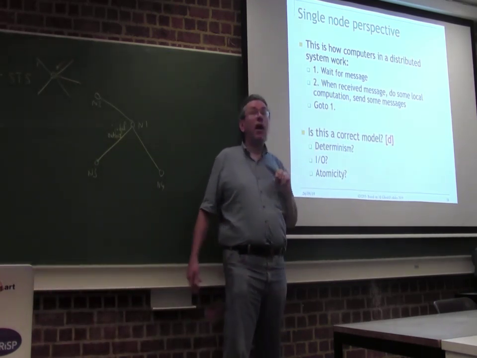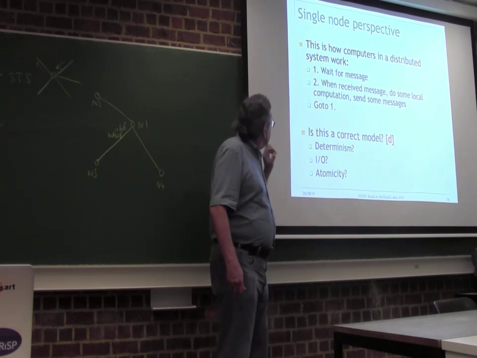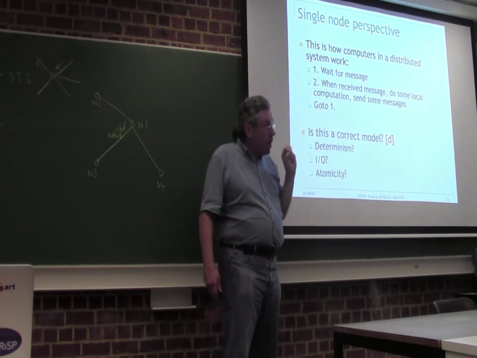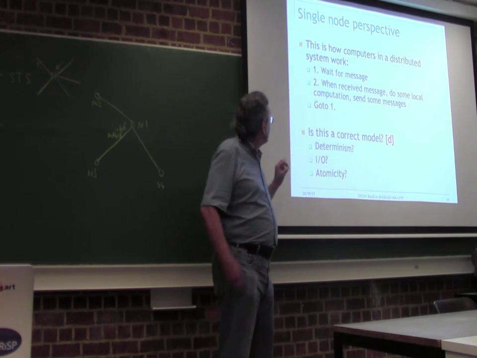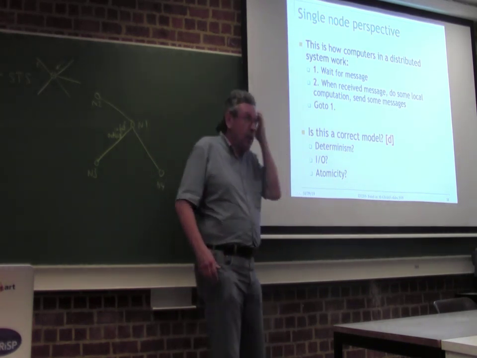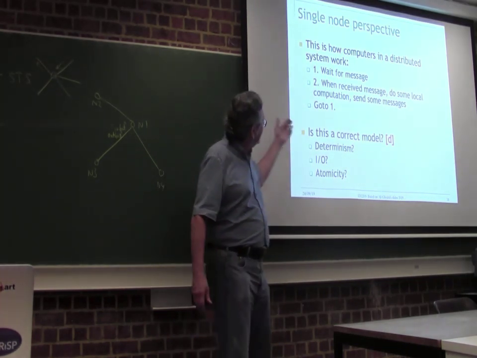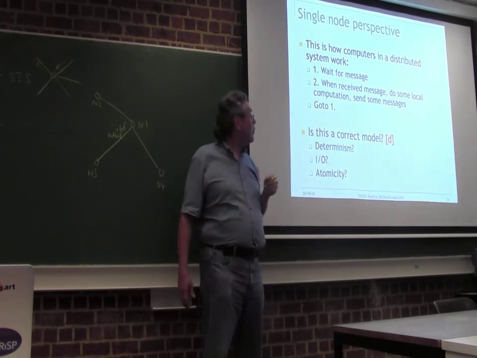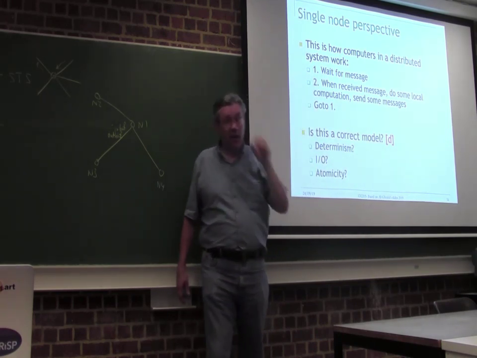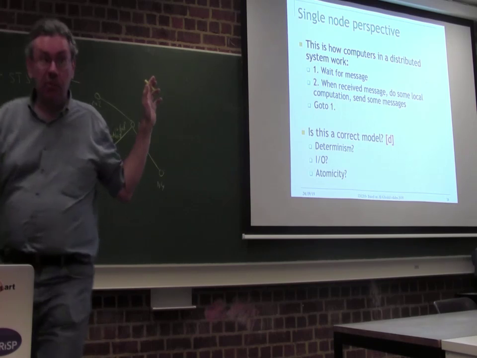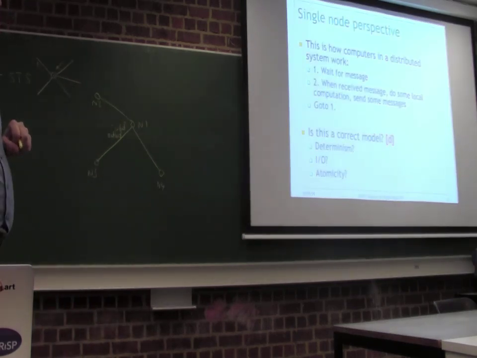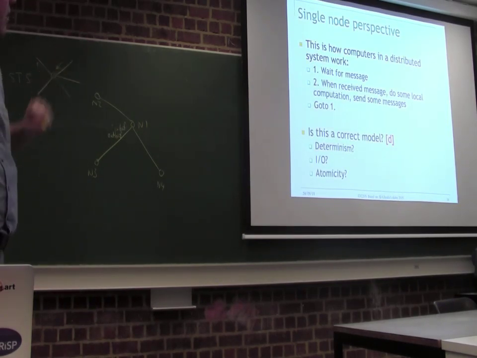Deterministic and atomic. That's a restriction, but it's not a strong restriction. It's not restricting us in any essential way, but it will help us a lot when we start analyzing the algorithm. It makes things very easy, okay? So it's a very reasonable way to model the system, to have this kind of a loop.